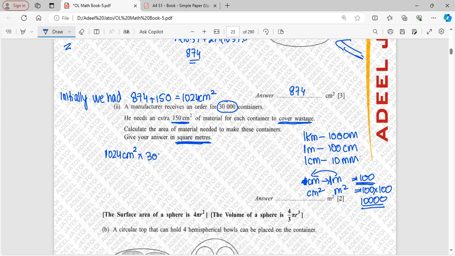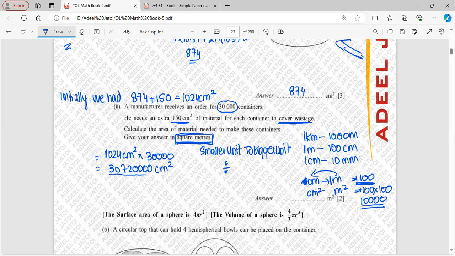Multiply by 30,000 containers needed, and when we multiply, we end up having 30,720,000 centimeter square. But since I need to change this to square meters, when I'm converting my centimeter to meter, I'm going from a smaller unit to a bigger unit. When I go from smaller unit to bigger unit, what I do is I divide.